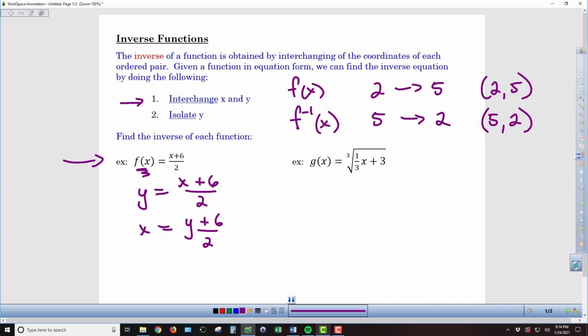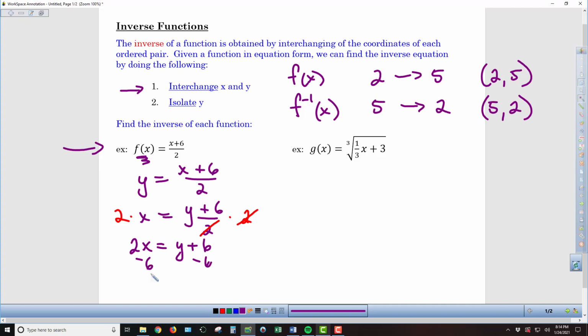And so now my job is to solve for y, and then the resulting equation will be my inverse. So I'm going to start off and multiply by 2 on both sides to get rid of this 2 that's in the denominator. So now we've got 2x equals y plus 6. And then my last step to get y by itself is to subtract 6 from both sides.